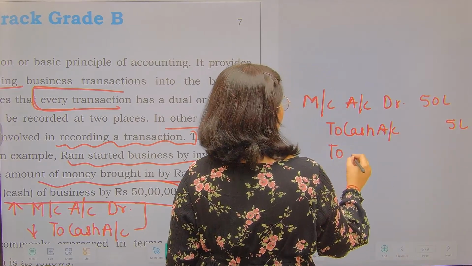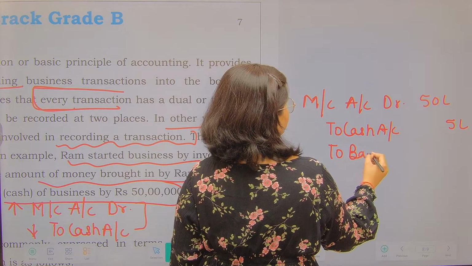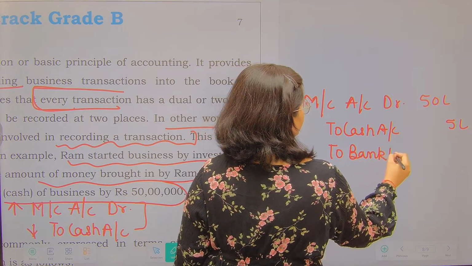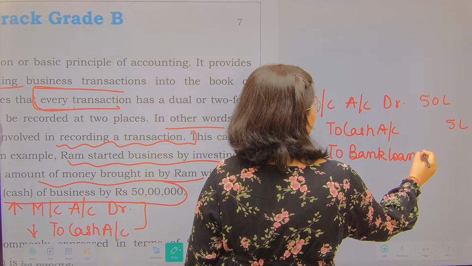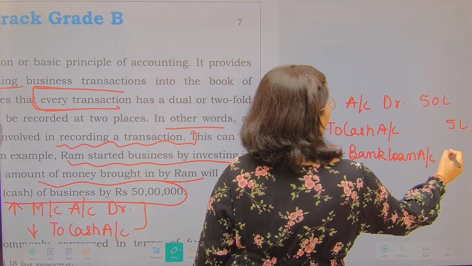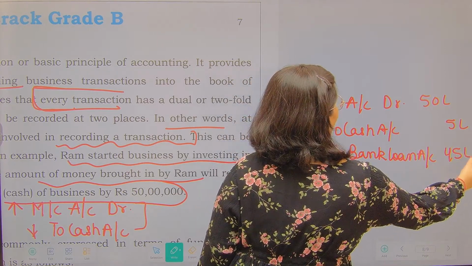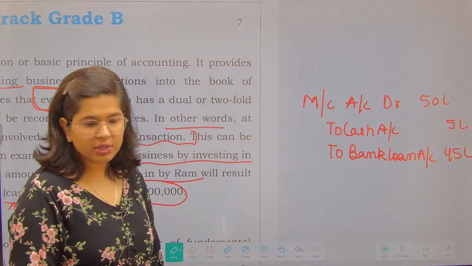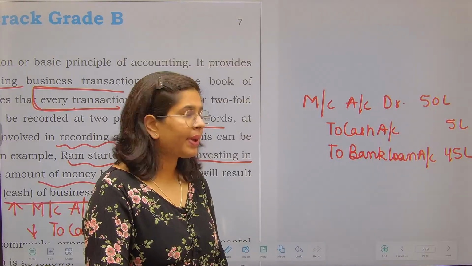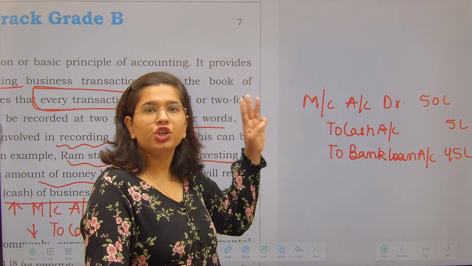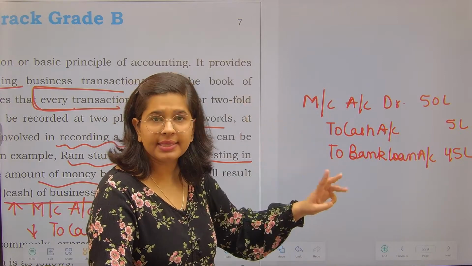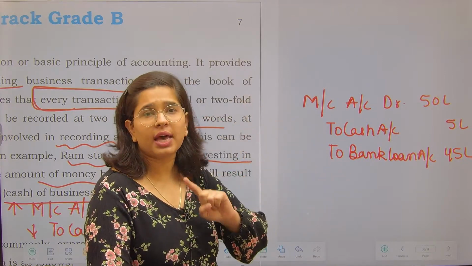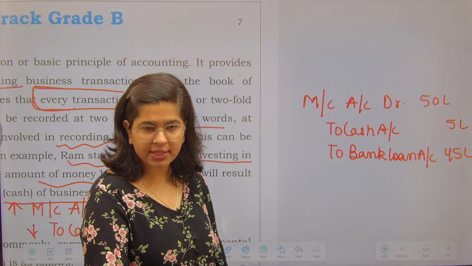And to bank loan, for the remaining 45 lakhs, I took a bank loan. Now you see how many accounts got impacted? Three. So the duality concept says that at least two accounts are impacted in any particular transaction.